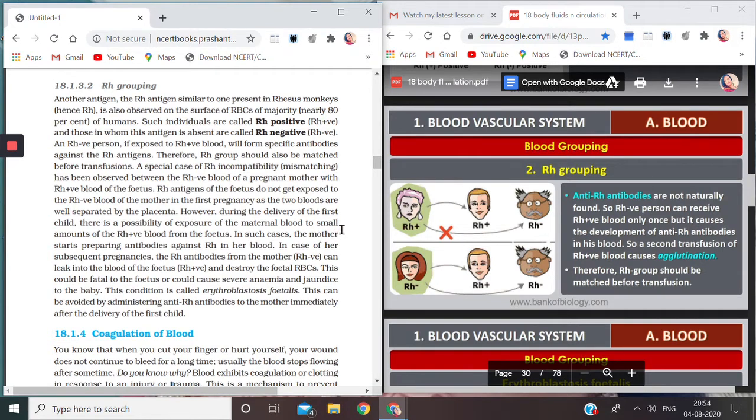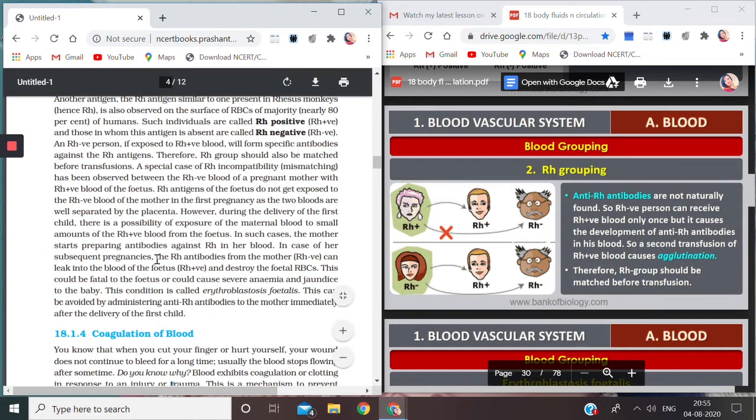So as soon as the fetal blood comes in contact with the mother's blood, her body starts preparing antibodies against that Rh positive factor. What happens? The delivery is over, the mother's body has prepared antibodies, right? She has prepared antibodies. Now, during her second pregnancy, the Rh antibodies which are present in the mother's body.